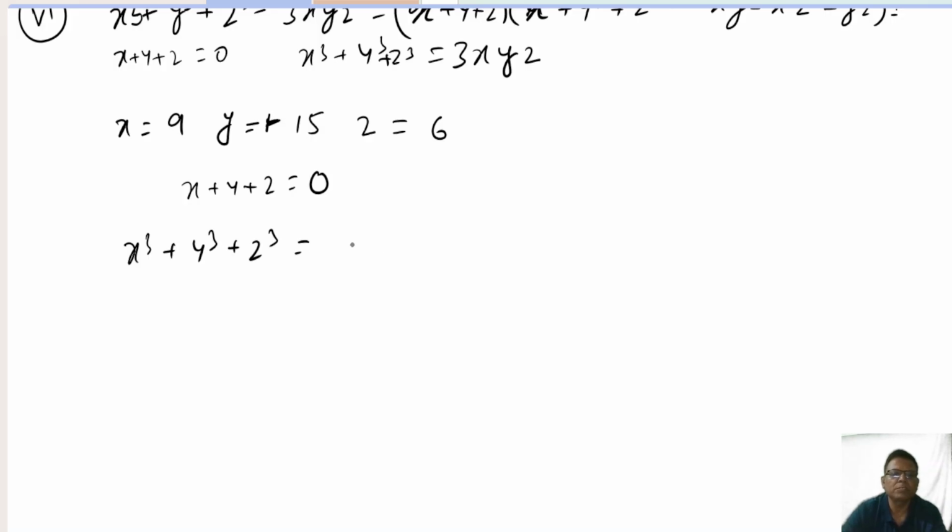So you know this is 3 into x into y into z.